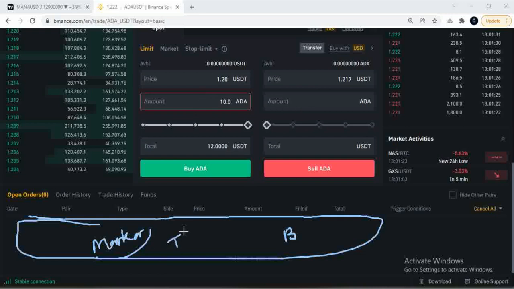It's going to make you a taker. There are different charges in terms of commission for different types of traders. A maker is charged less and a taker is charged higher.